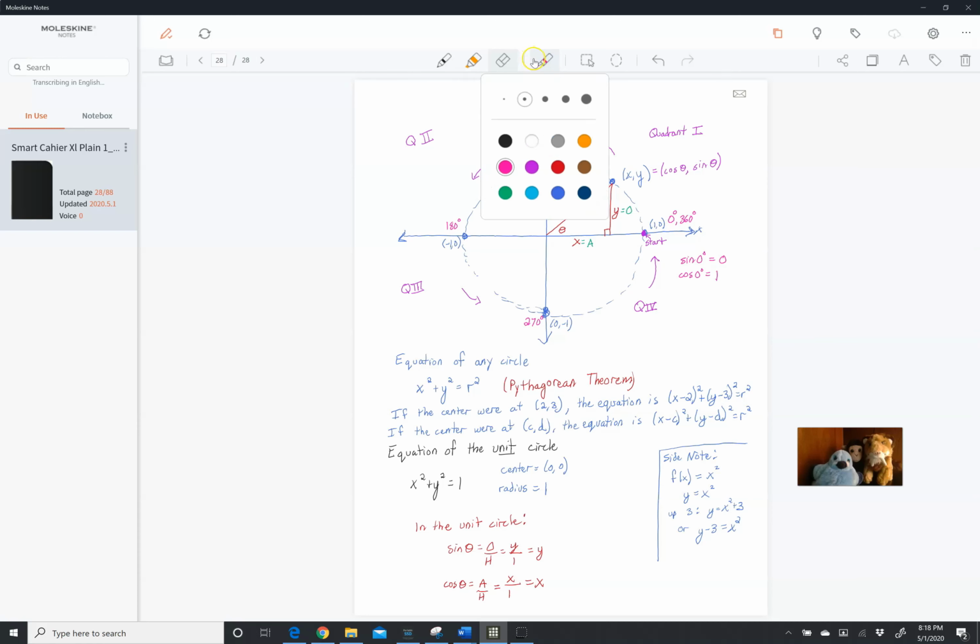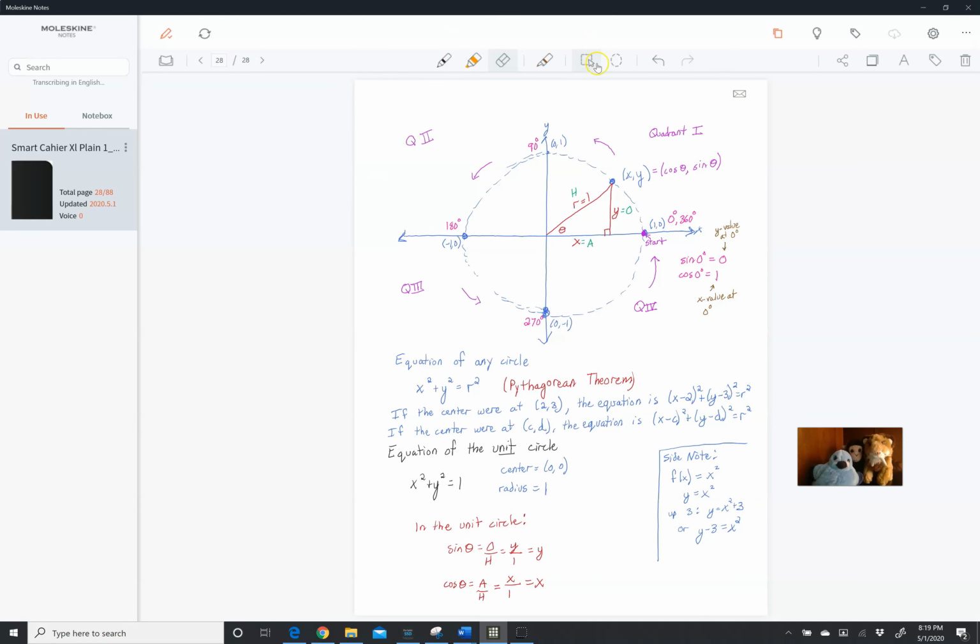So this here, let's do brown, this here is the y value at 0 degrees. And this here is the x value at 0 degrees.